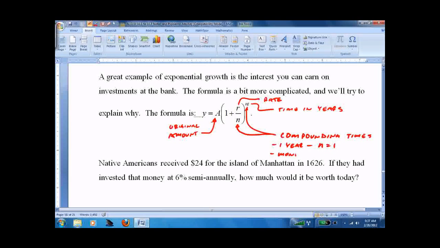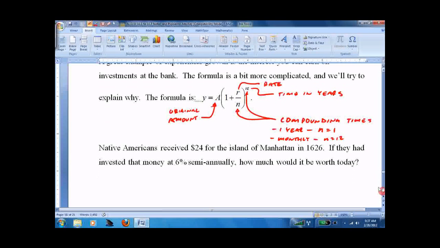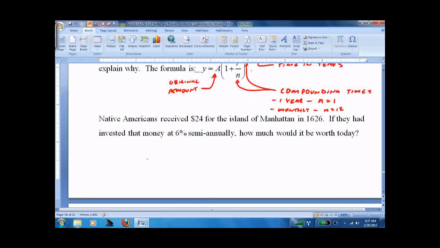Monthly, n equals 12. And you see it's in both parts of the formula, up here and down here. So what that's saying is take your interest rate, which is a yearly rate, divided by the number of months. But don't forget to multiply by years times the number of months, because you're going to do it every month. So it looks a little complicated. It's actually not that bad.